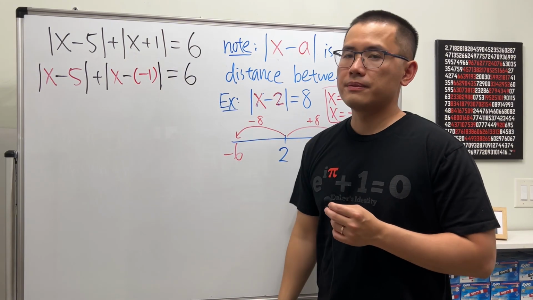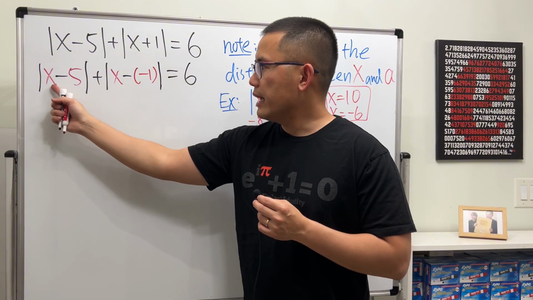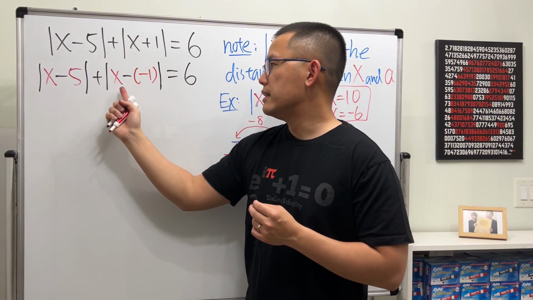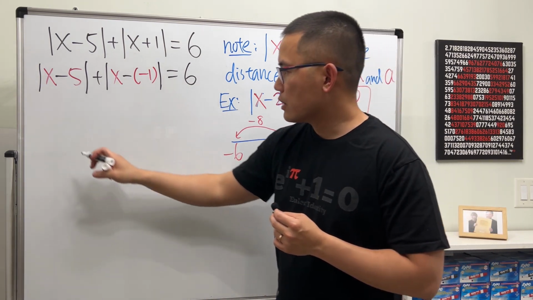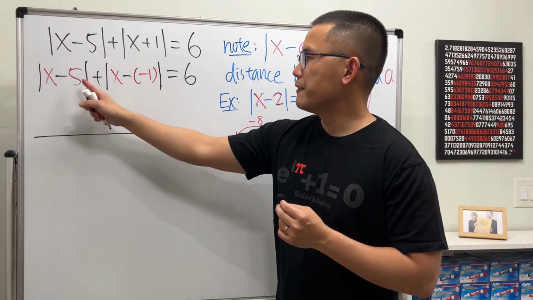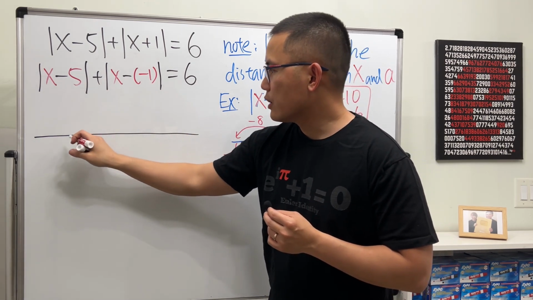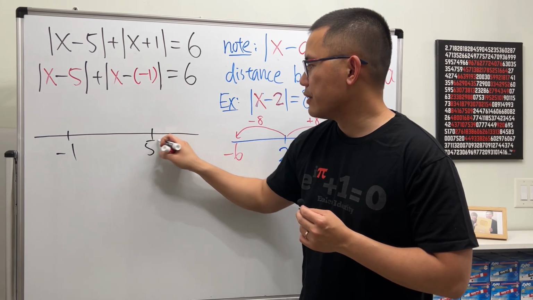And that's equal to 6. So what this is saying is that the distance between x and 5 plus the distance between x and negative 1 is equal to 6. So let's look at the number line. We have two numbers that we know, 5 and negative 1. So let's say negative 1 is right here, and let's say 5 is right here.